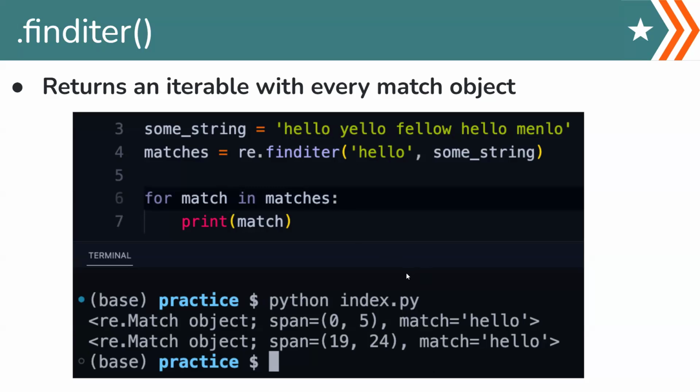That's where it encountered this specific match of hello, and it created this object. The next match that it encountered for hello was in span 19 to 24, which is the start of the H for hello up to the spacing. It created objects of this, and we're able to loop through and grab that.